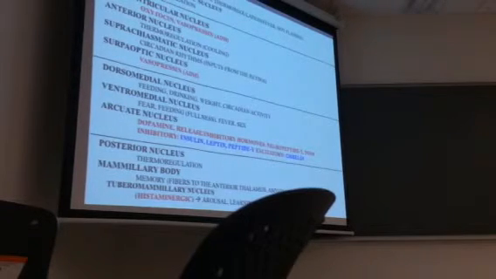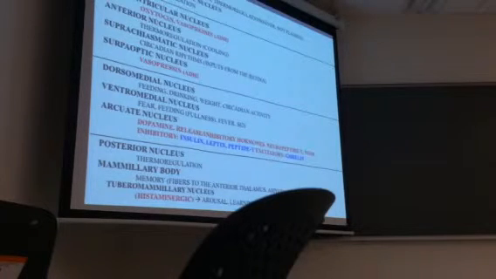Paraventricular nucleus, production of oxytocin and vasopressin, or antidiuretic hormone. Now, if you remember back to what you've learned about the pituitary, you know that these are the two hormones that are released in the posterior pituitary or the neurohypophysis.